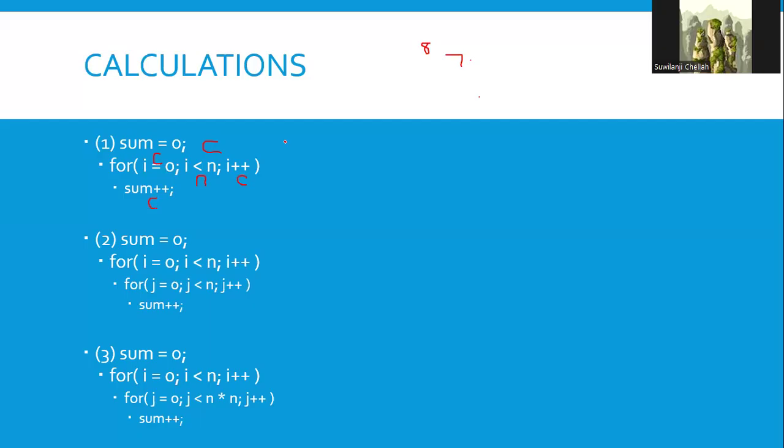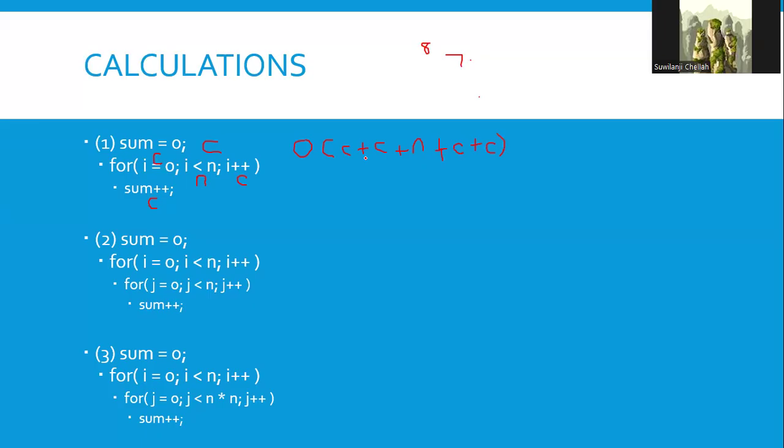Adding all this together, we have big O of C plus C plus N. So C, which is this C here, C, which is that C there, N, which is that N, then C, this guy here, then plus the final C, which is here.